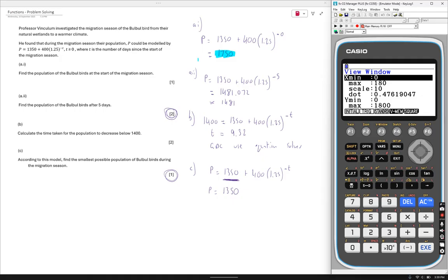And my x values are going from 0 to 180. Now, why am I choosing 180? In the question, it doesn't really give you much context as to what the domain needs to be. It just says that the domain has to be greater than or equal to 0. But in the context of the question, you've got some birds and they're migrating.